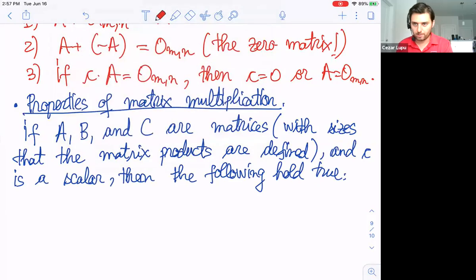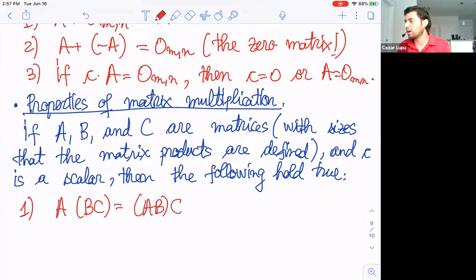The first one is an amazing one: A times BC is nothing else than AB times C. This is what we call associativity.